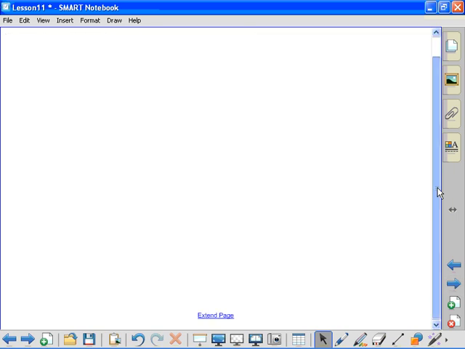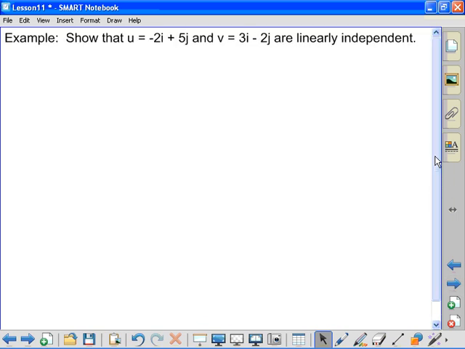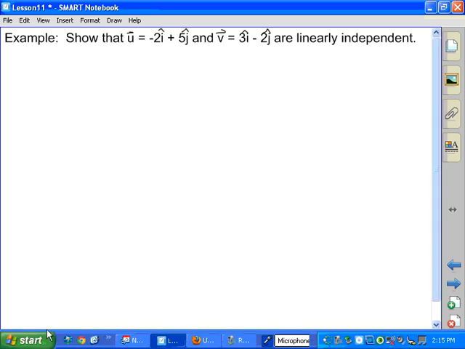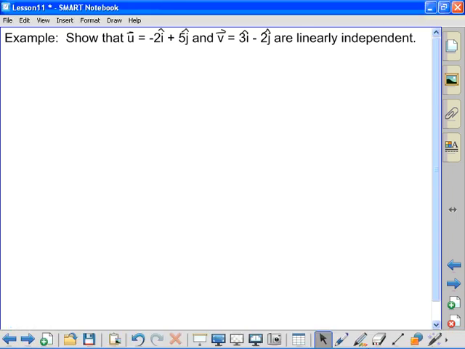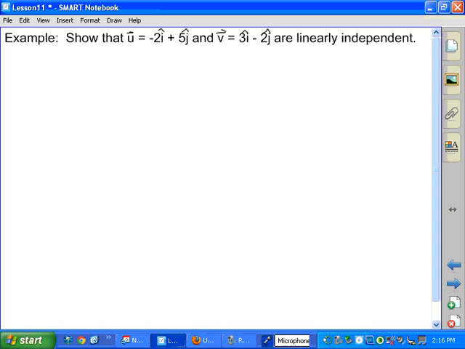All right, in this example, show that vector u and vector v are linearly independent. Much the same case, very similar to how we did it before.